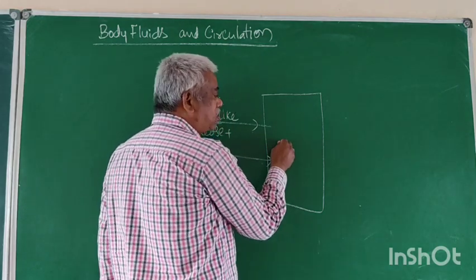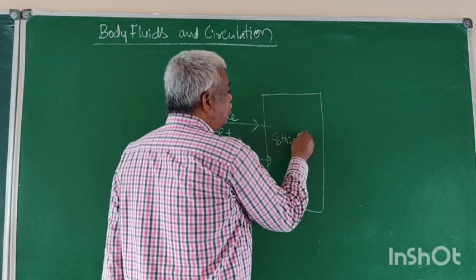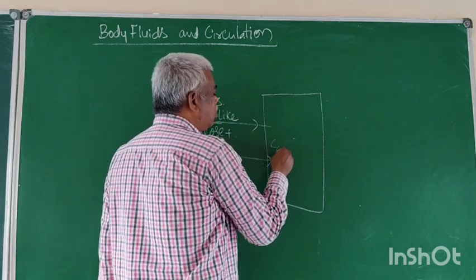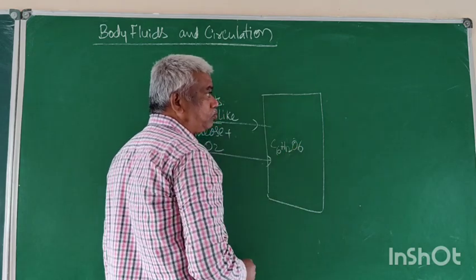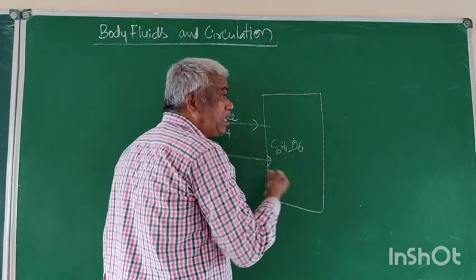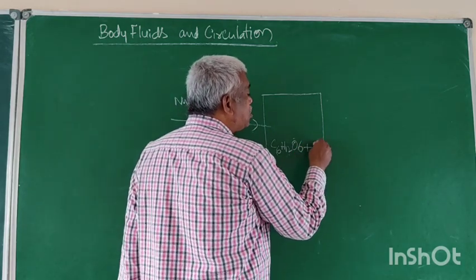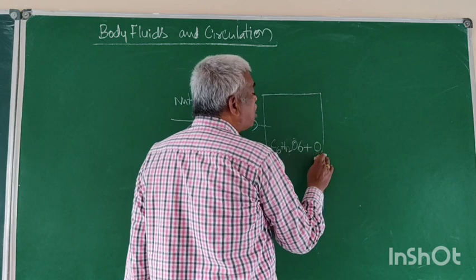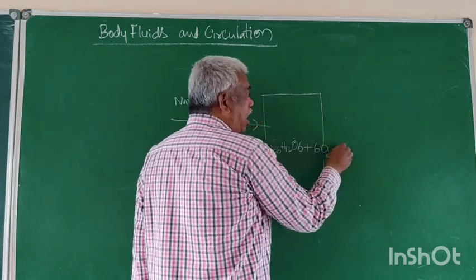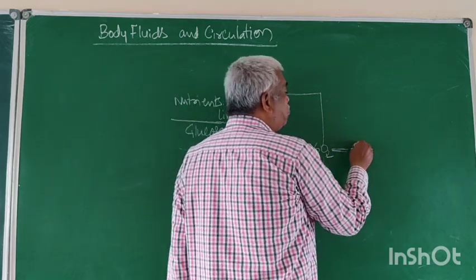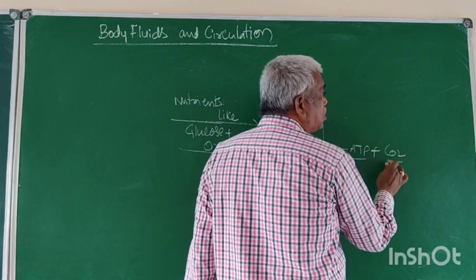In the cell, C6H12O6, this is the glucose which is present in the cell, undergoes breakdown or oxidation in the presence of oxygen, right, and forms ATP, that is energy, and some unwanted CO2 is also formed.